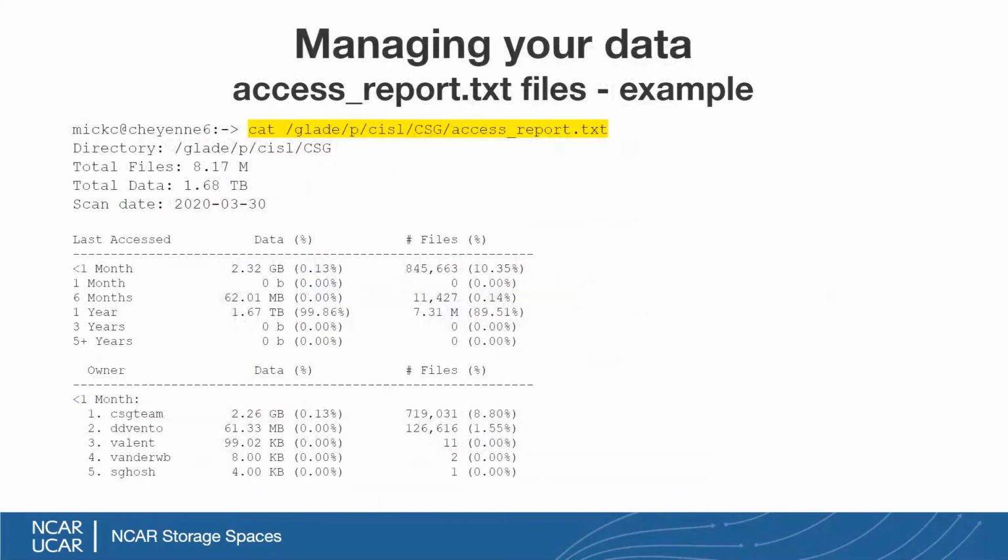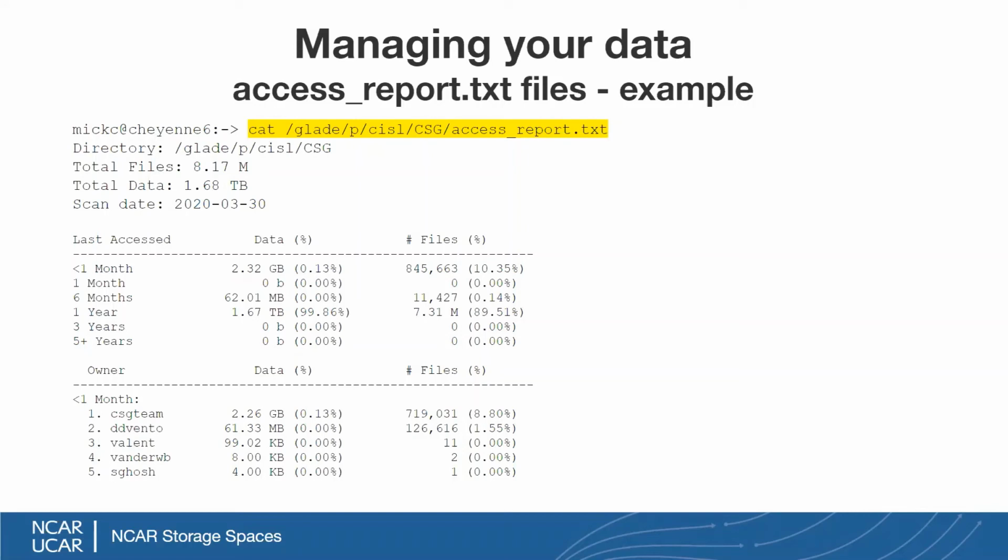So, for example, my group, consulting services group, you see this, if we just examine the contents of the access report.txt file, it shows what I think you could think of as a textual histogram of how and when the data has been accessed.